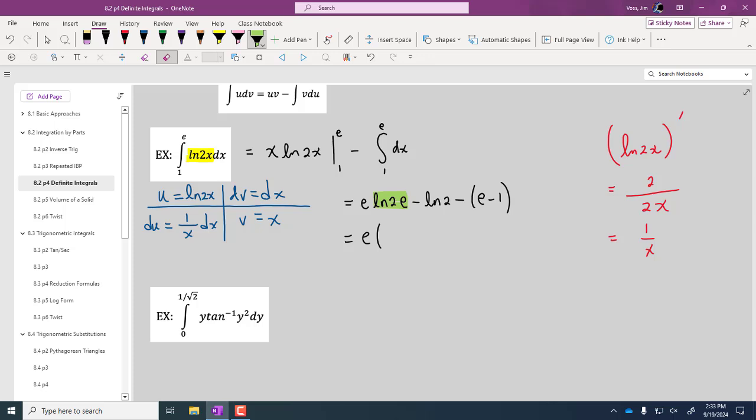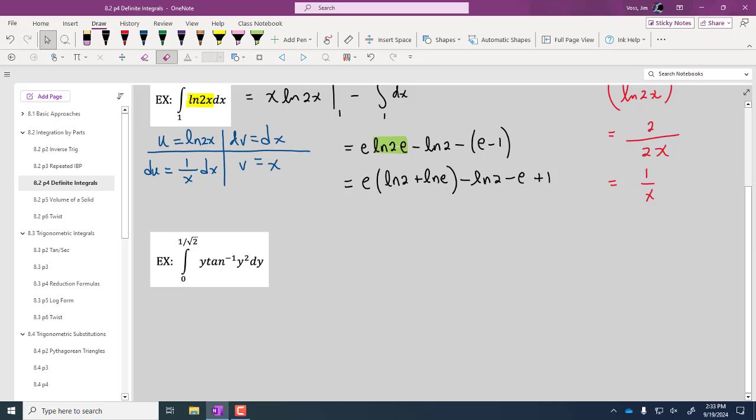Right? So the product rule for a log says that the log of a product is a sum of logs. It's essentially the law of exponents. So this is going to be natural log of 2 plus natural log of e. And then we have minus natural log of 2 minus e minus a minus is plus 1. And what is natural log of e? 1.